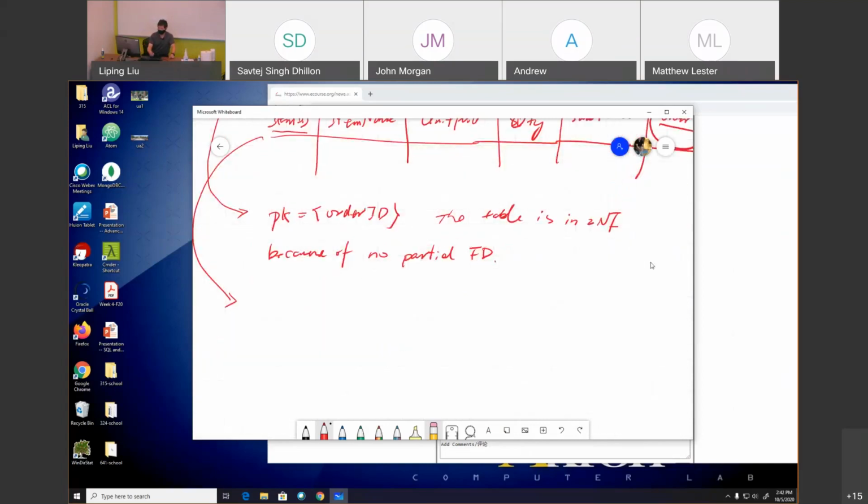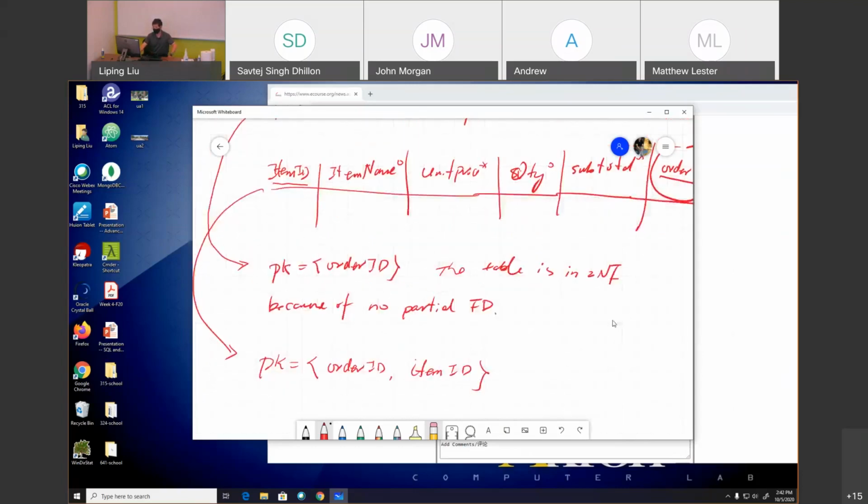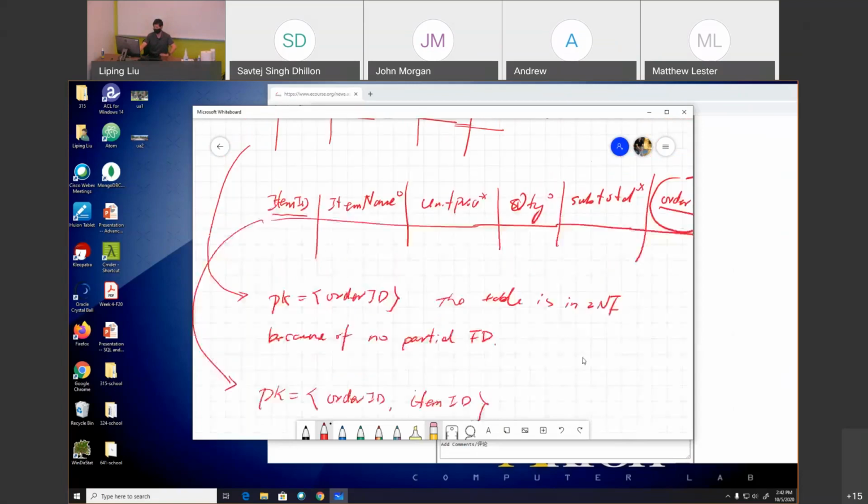The primary key is auto ID and item ID. Whenever you have this kind of situation where the primary key consists of multiple columns, second normal form is suspicious. So we can check that out.